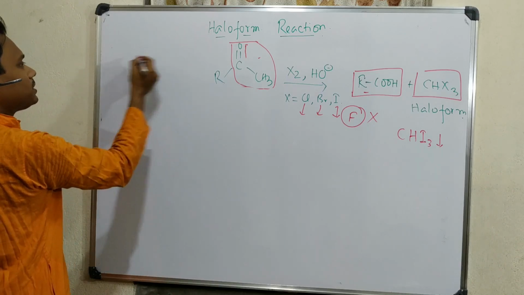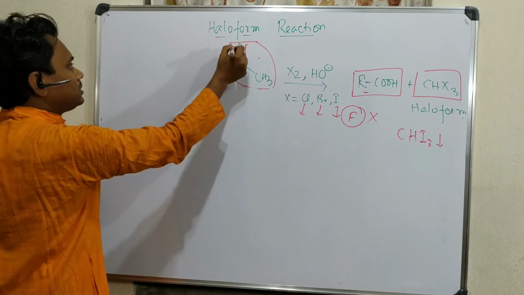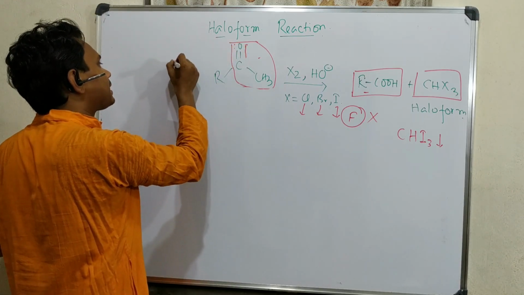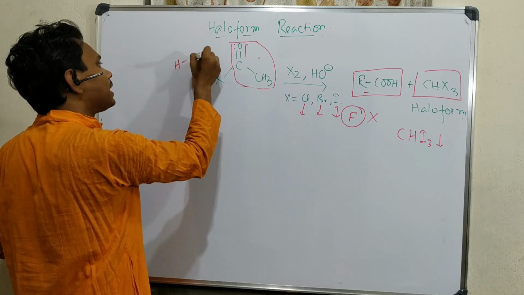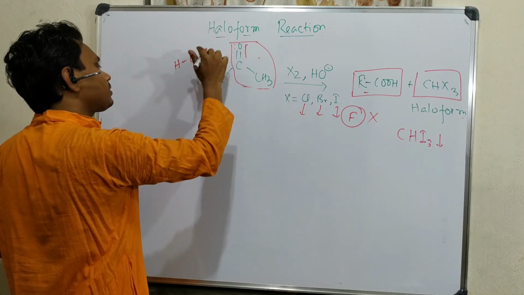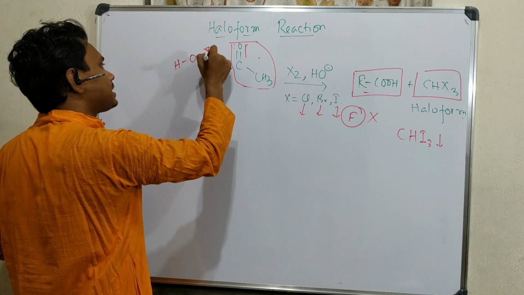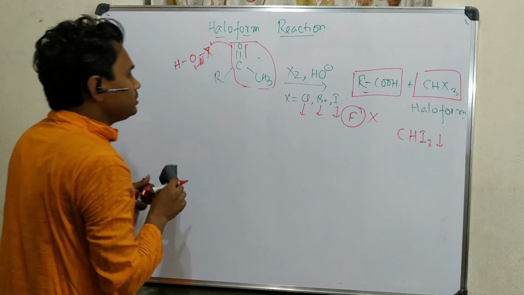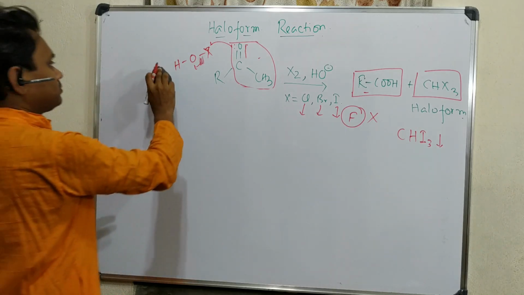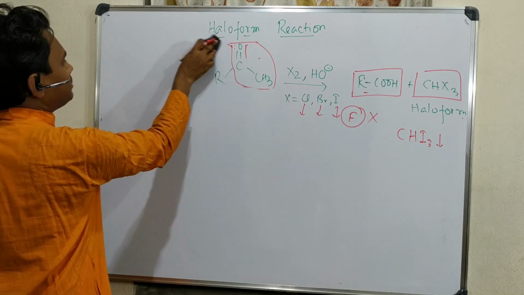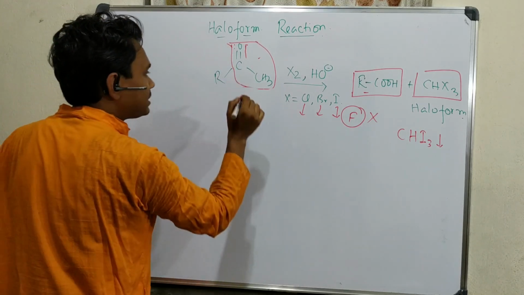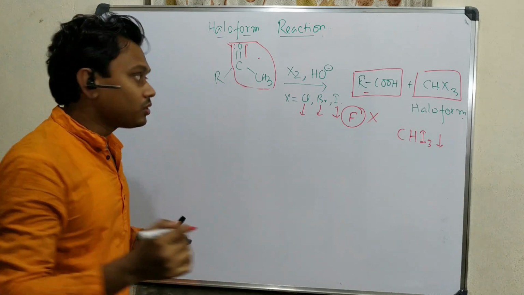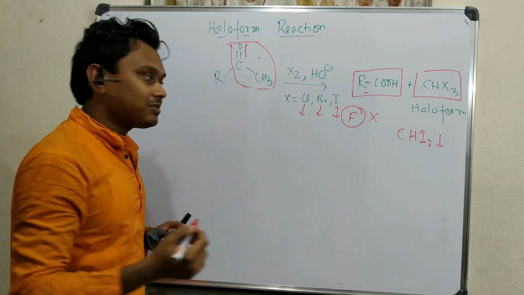First, let's explain the mechanism. As I told, this carbonyl will attack this hypohalite, sorry, this X. First of all, I made a mistake. The reaction proceeds through halogenation of ketone under basic condition.